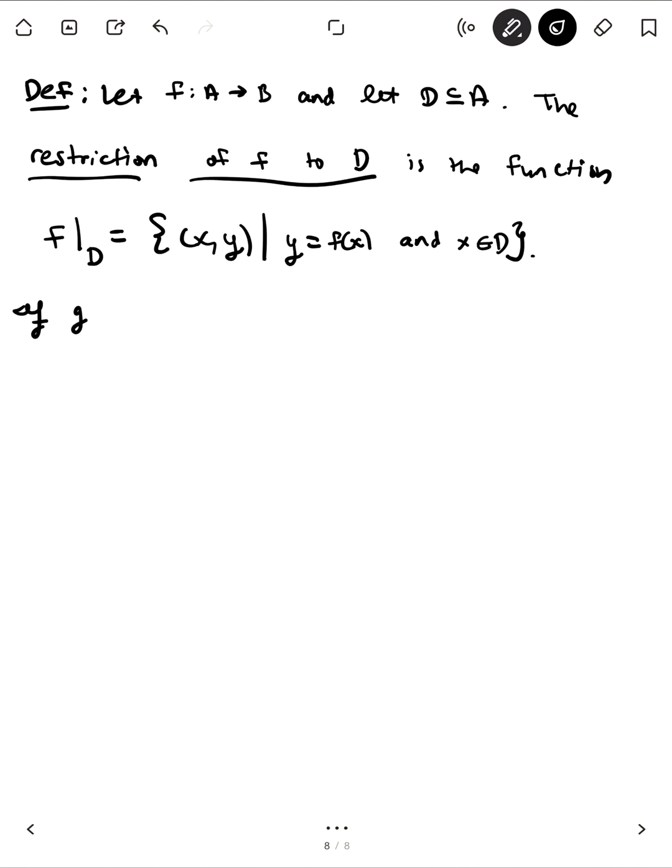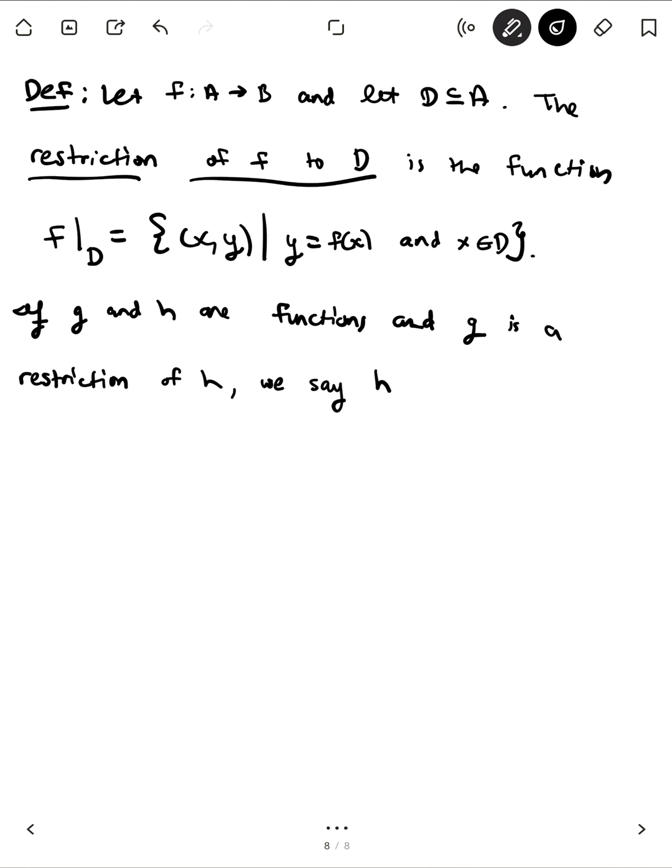Conversely, if g and h are functions, and g is a restriction of h, we say h is an extension of g.